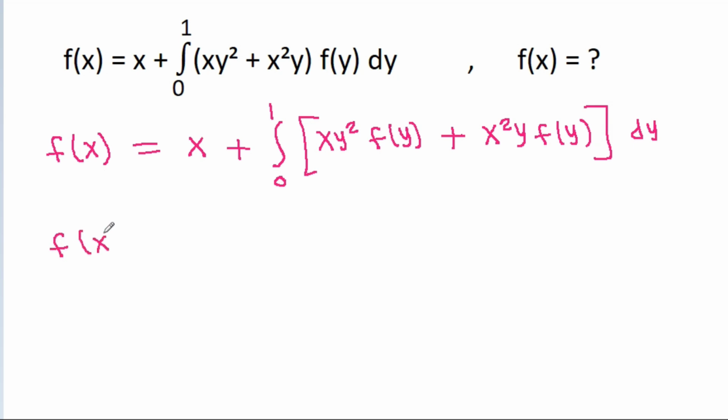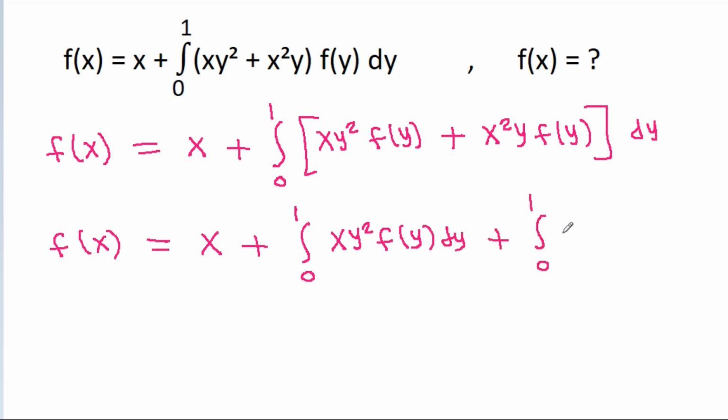And f(x) is equal to x plus the integral from 0 to 1 of xy square f(y) dy plus the integral from 0 to 1 of x square y f(y) dy. Since we have an integral in y, we can take x out of the integral.